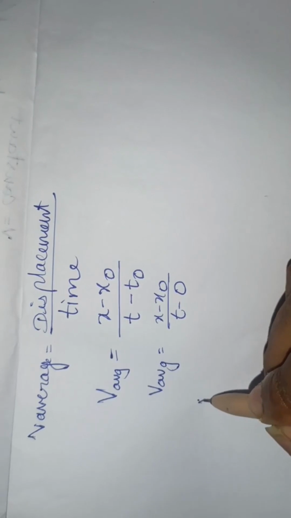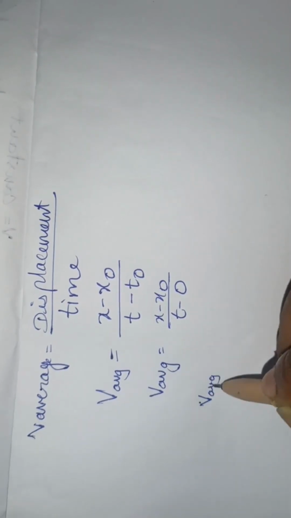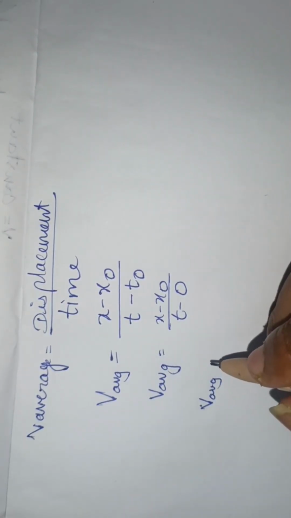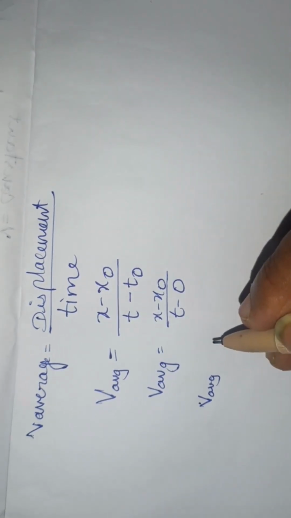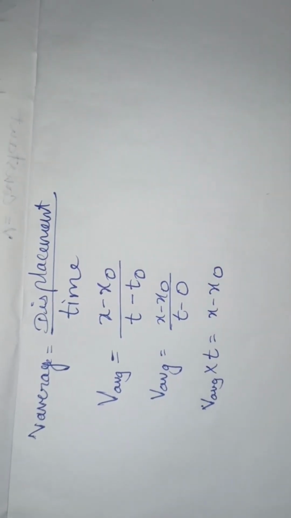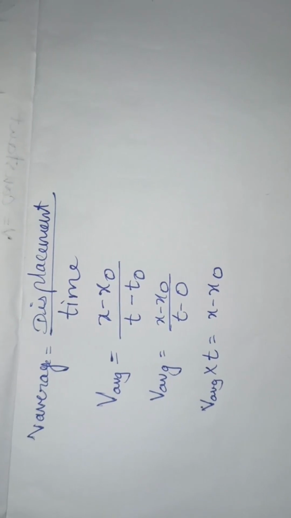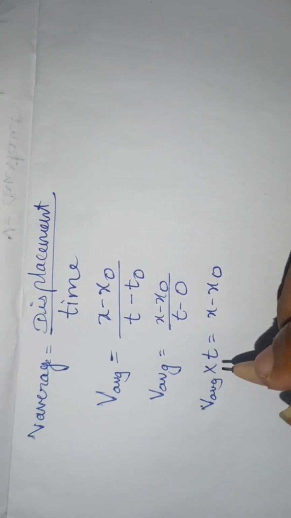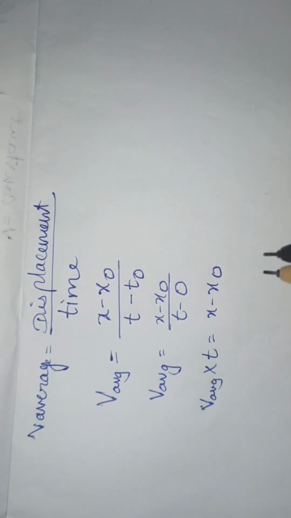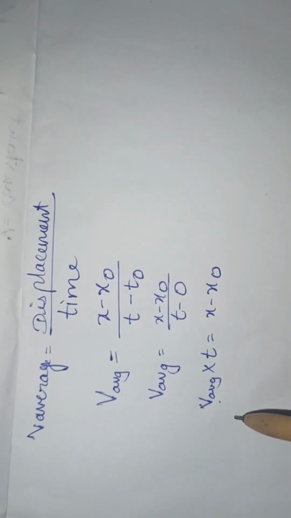So at last the equation can be written as V average into t is equal to x minus x naught. In this sense also we can define the equation. Next, we talk about the V average. Sir, how would you represent the V average?